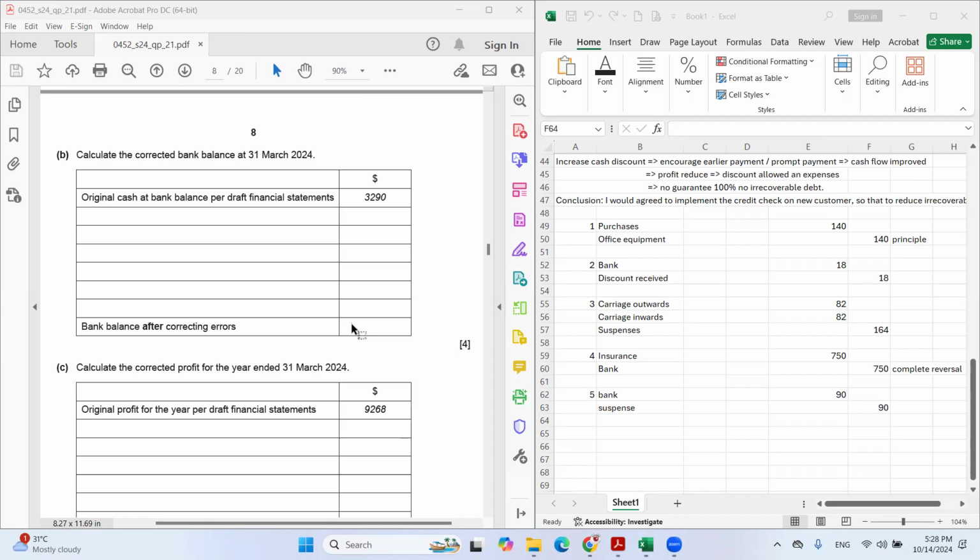The question is, calculate the correct bank balance at 31st March. So we have the opening. What are the errors related to the bank? Let's see one by one. We have first, second, number 4, and number 5. When you debit, it means bank increases.